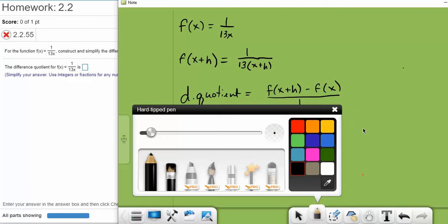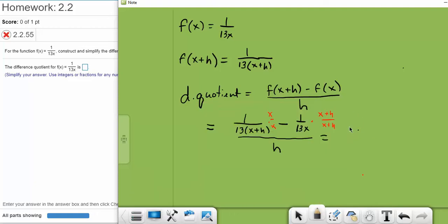So on top we get 1 times x is x, minus 1 times x plus h is just 1 times x plus h. And they have common denominators, so I don't need to write them separately. I can make one fraction.